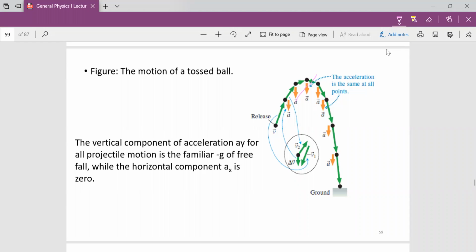Okay, so the vertical component of the acceleration, a_y, this y is not a capital Y, it's a subscript there. For all projectile motion, always note this is not just negative g. The minus emphasizes that the direction of acceleration is pointing downwards. But for the horizontal component, a_x is 0.